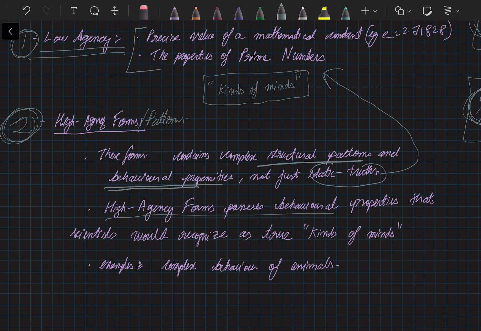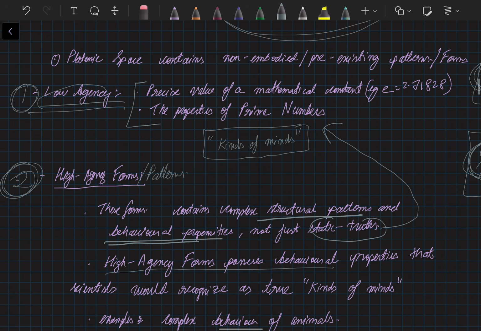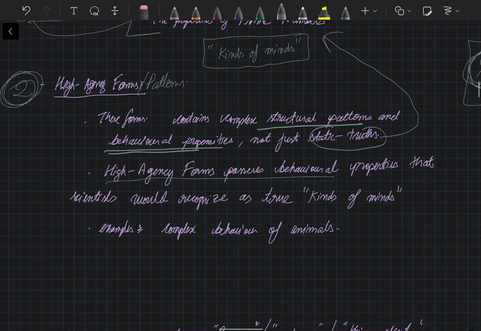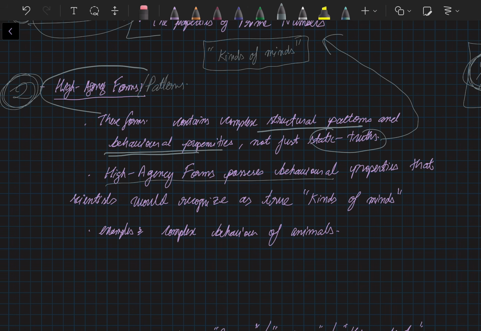But when a low agency form accesses a physical form and we look at it, we don't say it is alive because it's very static in nature. But as I've said, when a high agency form accesses the physical realm, or ingresses into the physical realm, we identify it as something living.